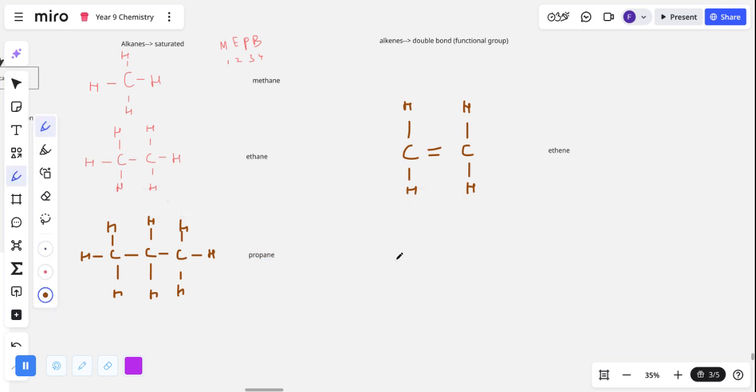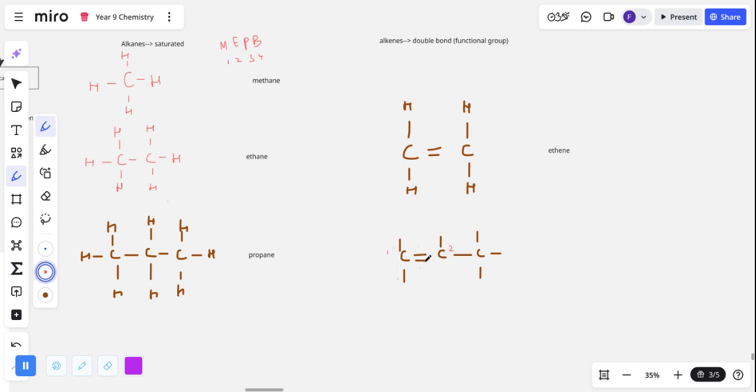Now, looking at the alkene with a double bond, I need 3 carbons. Actually, I'm not going to draw it like that. Let's do it step by step. I need 3 carbons. One of them, and only one of them, has to be a double bond. The other is single. Then I make sure I've got 4 lines coming off each carbon. It's a little bit tricky, so I'm going to count you through them. I'm calling this carbon number 1. I've got 1, 2, 3, 4 bonds.